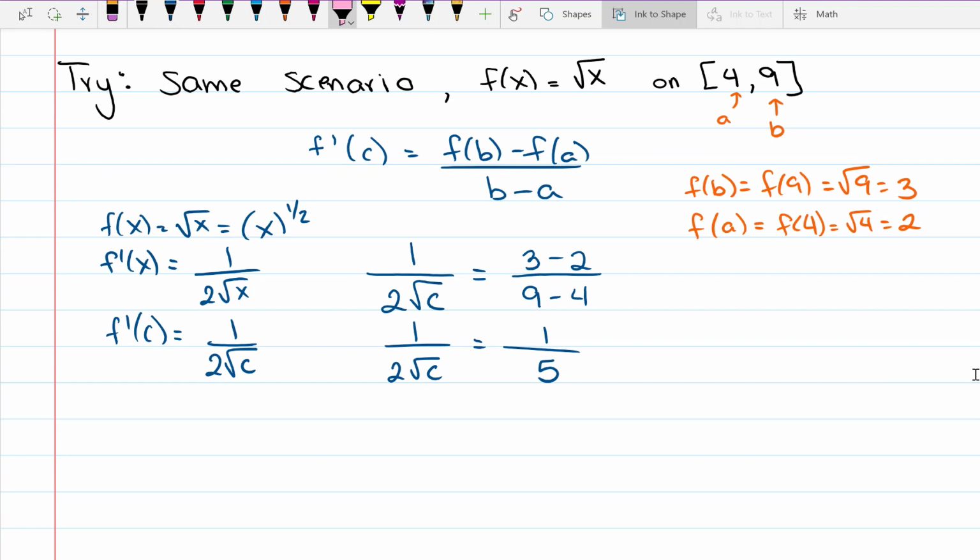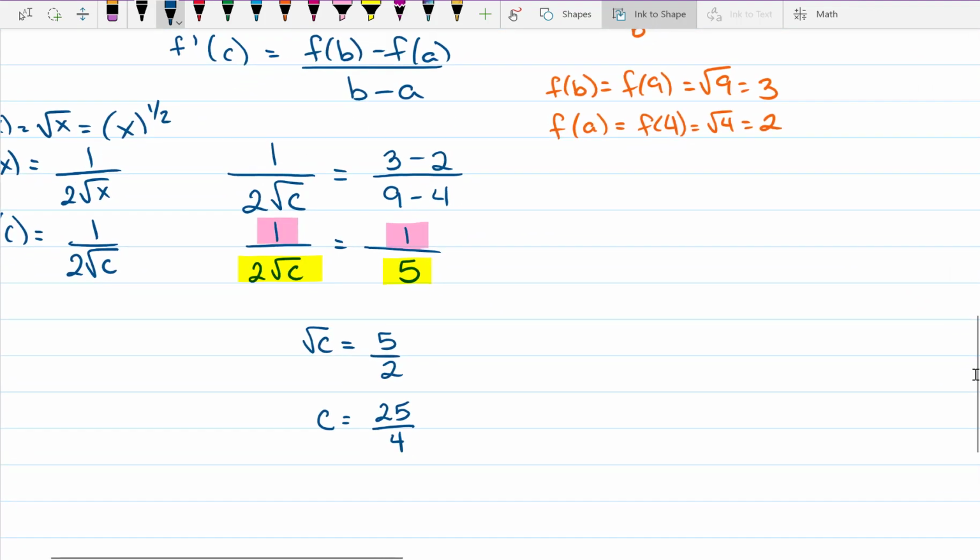What I like to do is notice that these are the same, so these must be the same, which is the same as cross multiplying. So 2 square root of c is equal to 5. Oops, sorry. The square root of c is equal to 5 over 2. So c is equal to 25 over 4 by squaring both sides. So there's my c value.